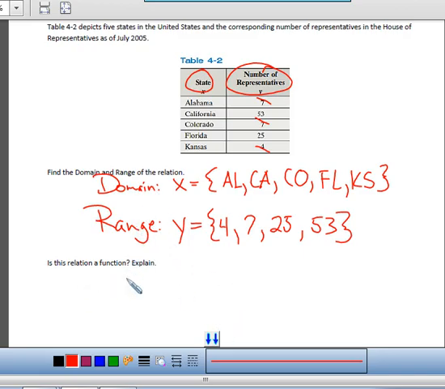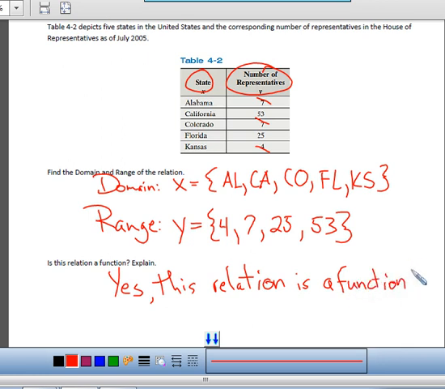And the answer is yes. This relation is a function because, hopefully you remember this from earlier, each input, or each domain, which in this case is the states, has exactly one output.